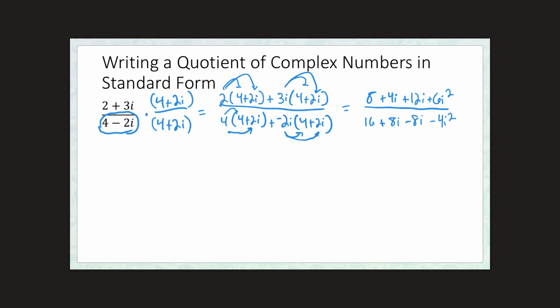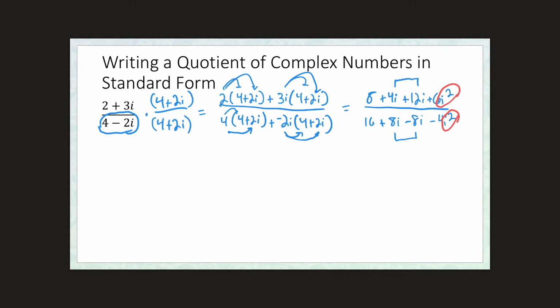Okay, there's a lot we can do here. We have two instances where we have i squared. Our next step will be to change those into whole numbers, and in the meantime, we'll also combine like terms.